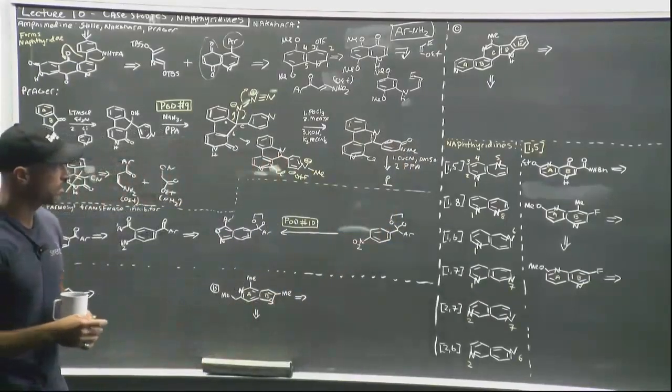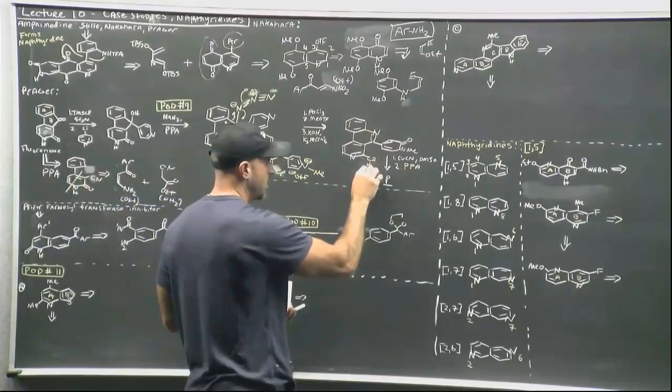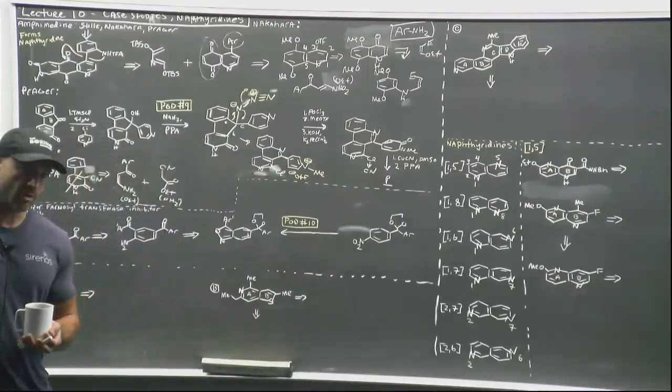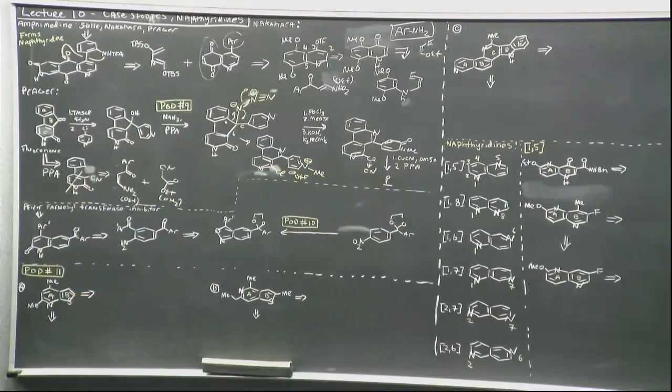And then when we treat this with copper cyanide, DMSO, and heat, this turns into the cyano, and polyphosphoric acid. Look at the structure of the natural product. Does our final closure.